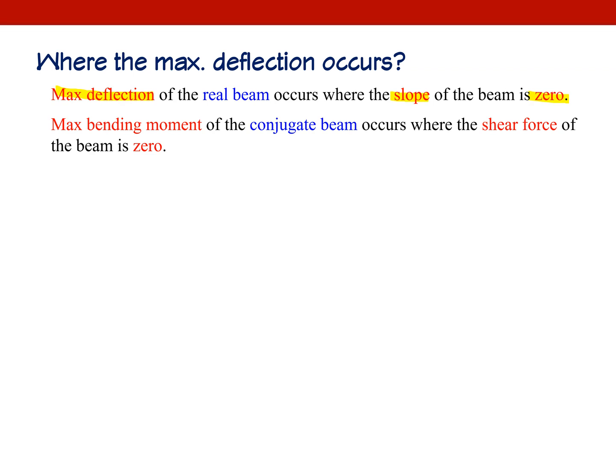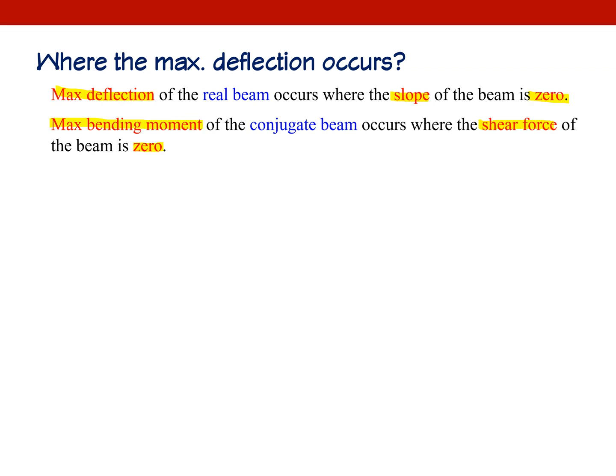Maximum bending moment of the conjugate beam will occur where shear force is 0. We learned it when we studied the bending moment diagram, right? So I'm going to look for where there is zero shear. A zero shear point is very, very important to an engineer, because our job is to look for the maximum bending moment.